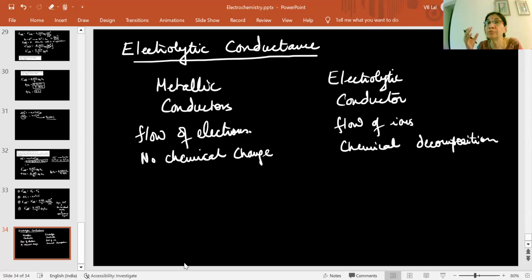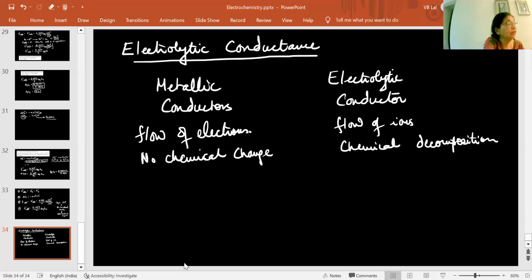You saw when I put a zinc rod in a copper sulfate solution, a chemical reaction actually took place. So in electrolytic conductors, when the current moves due to flow of ions, it can be accompanied by a chemical decomposition. There can be a chemical reaction that can take place.